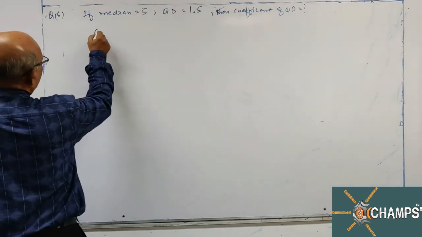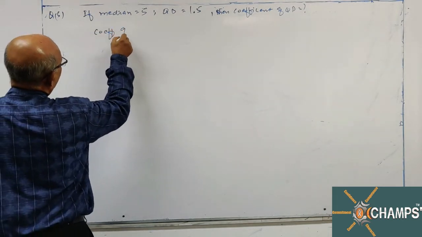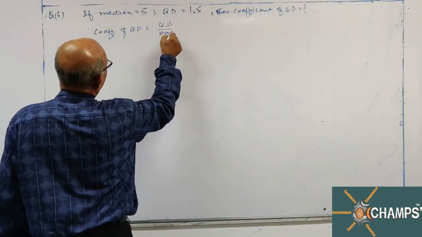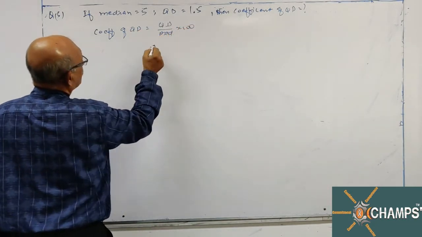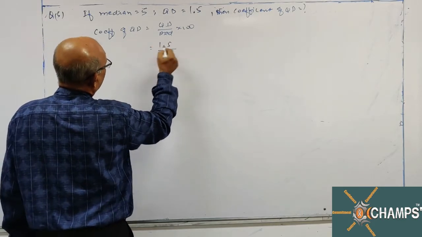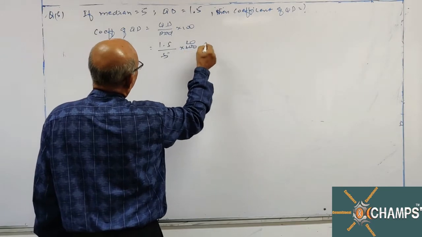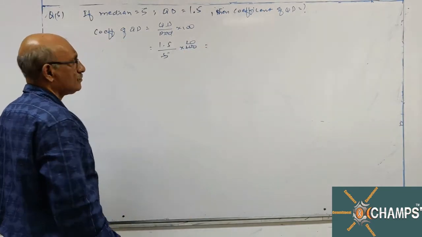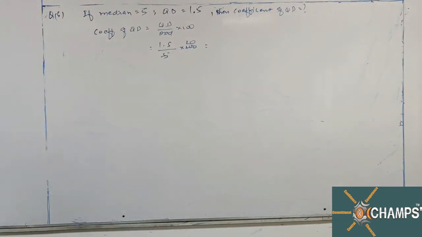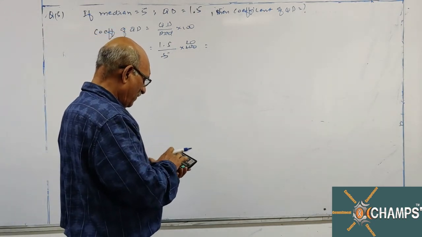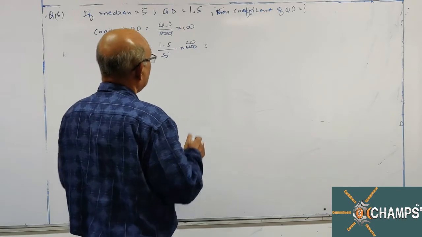Now look at this. Coefficient of QD is equal to QD divided by median into 100. 1.5 divided by 5 into 100. This is 1.5 into 20. This is 30.